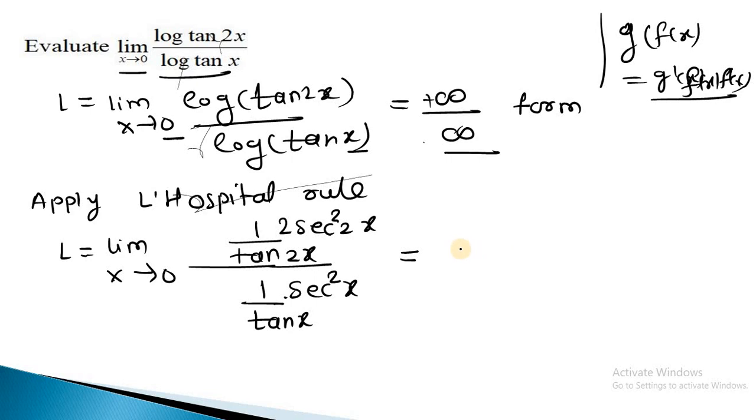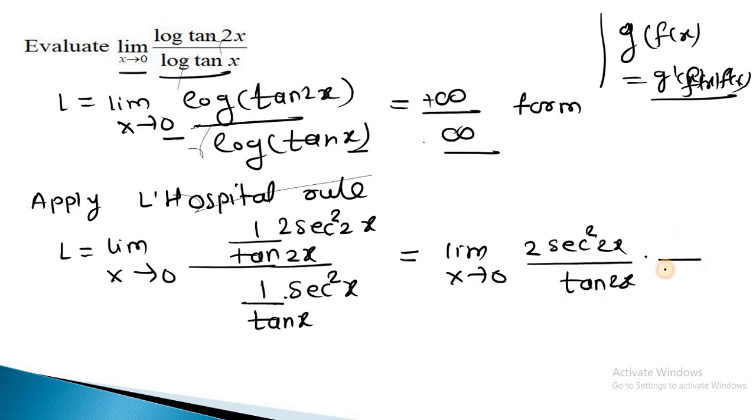I simplify and rearrange: limit as x tends to 0 of 2 sec square 2x upon tan 2x, into 1 upon sec square x, into tan x. So I rearrange it. L is the limit as x tends to 0.